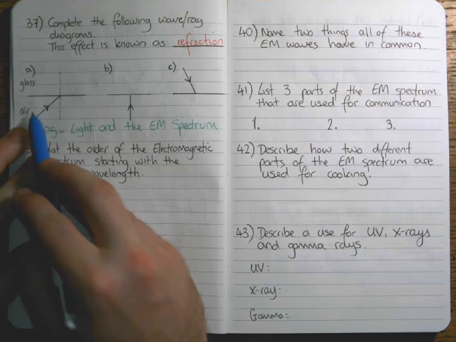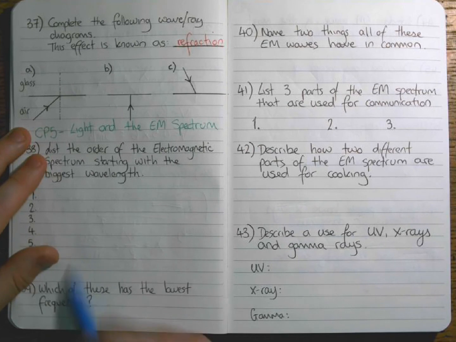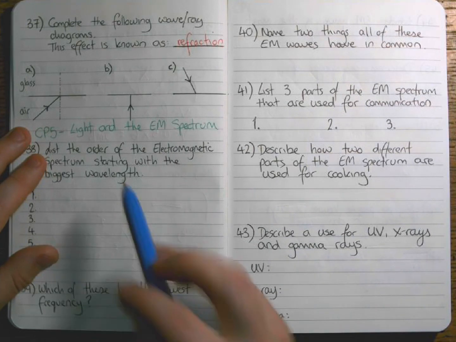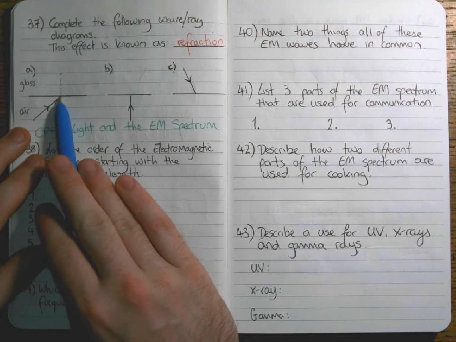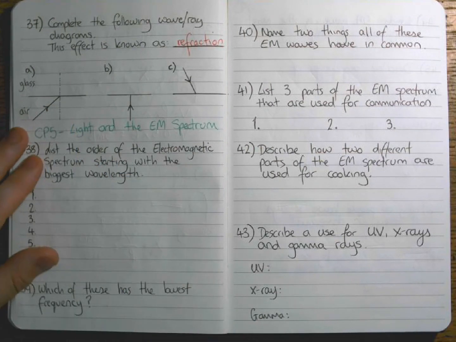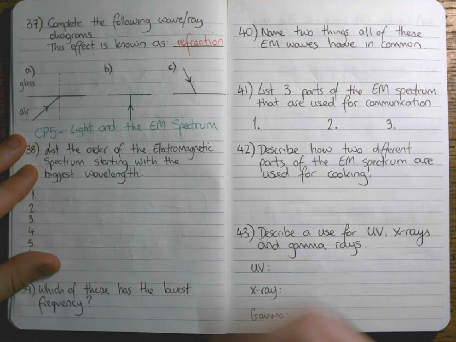Glass is more dense than air. You can go through this in your revision guide, and there's analogies about the wave going into mud or into sand, but really we can just learn which way the light turns when it changes speed.